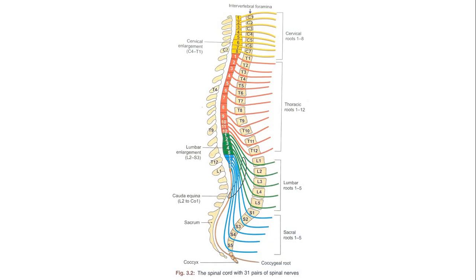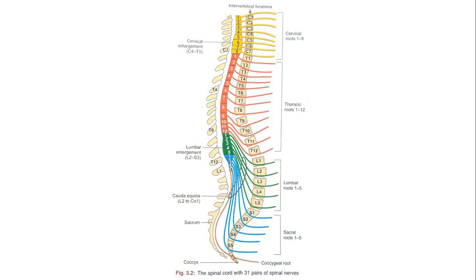It gives on either side the lower 4 lumbar spinal nerves, 5 sacral and 1 pair of coccygeal nerves. So in total there are 10 nerves on one side and 20 nerves on either side. Each nerve has 2 roots. So a total of 40 nerve roots lie on either side of the filum terminale.